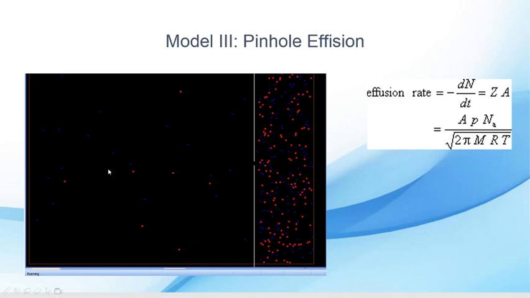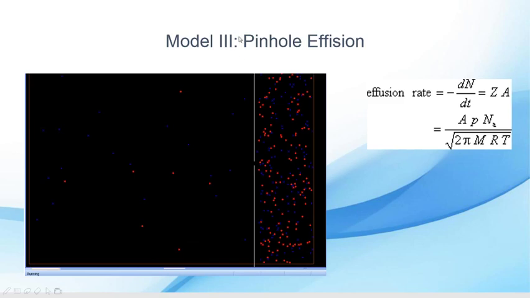If on the left-hand side the pressure is lower than the right-hand side, then when the gas moves out through the pinhole, it will be accelerated. But if the pressure on the left-hand side is higher than the right-hand side, then when the gas particle moves out through the pinhole, it will be slowed down.